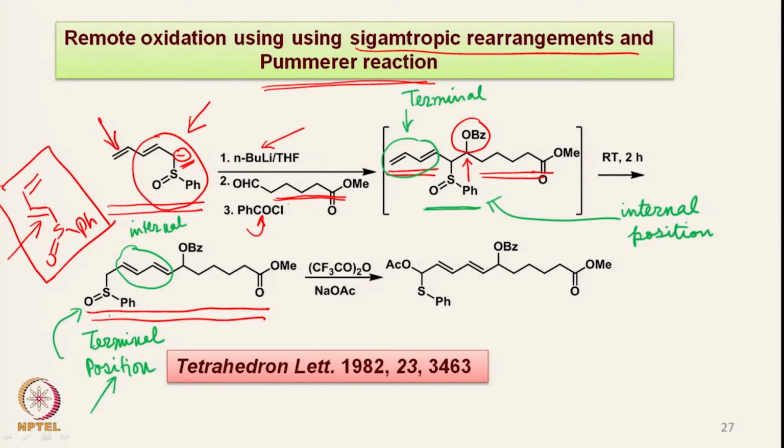And then this sulfoxide, when it is treated with trifluoroacetic anhydride and sodium acetate, it allows functionalization at this center via the so-called Pummerer reaction. Now this work was published in 1982 in a very interesting paper by E. Jacori, and the mechanism for this reaction is very interesting, which is discussed here.